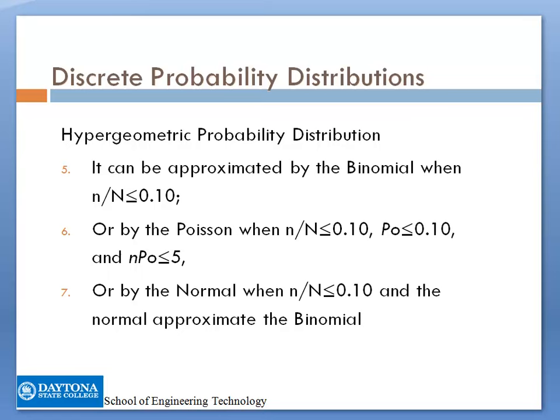But you can also approximate it to the normal distribution, and from here you can approximate it to the binomial. So it's always good to understand that you can treat them as a different type of distribution, because in some cases it's easier to work with a specific distribution type.